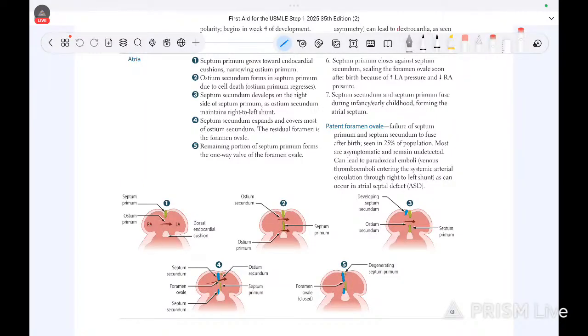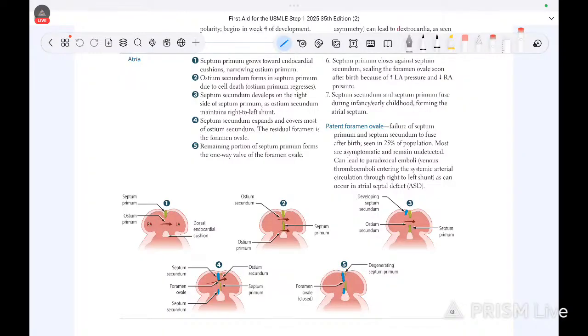The foramen ovale is sealed soon after birth because the left atrial pressure rises above the right atrial pressure. This pressure keeps it shut and slowly it fuses. It ultimately fuses in early childhood or infancy, and together all this forms the atrial septum.